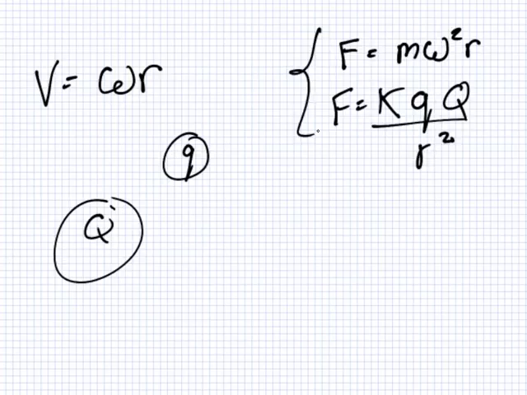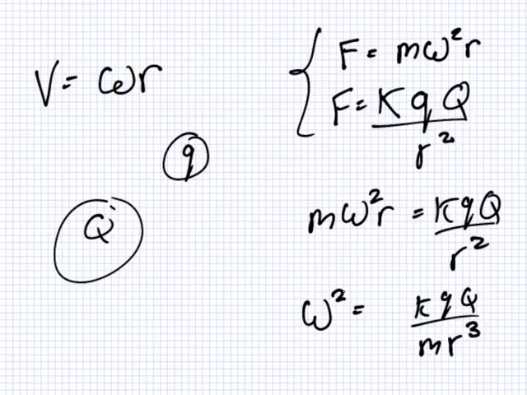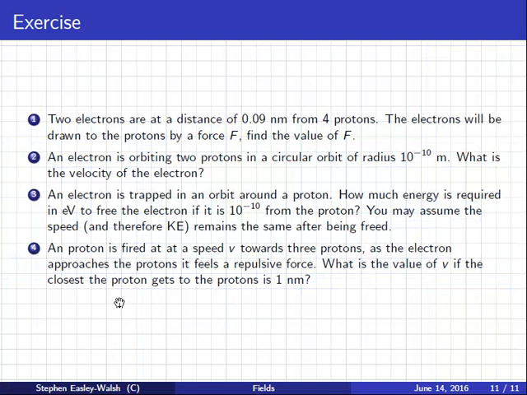If I put these together, I get m omega squared r equals k Q q over r squared. Omega squared equals k Q q over m r cubed. So what does omega equal? It will be the square root of this. We're looking for the v.